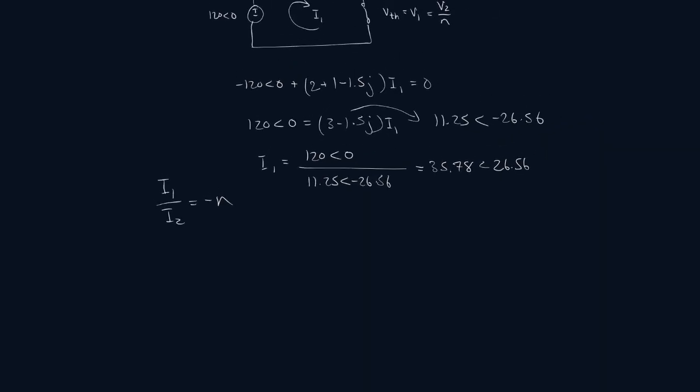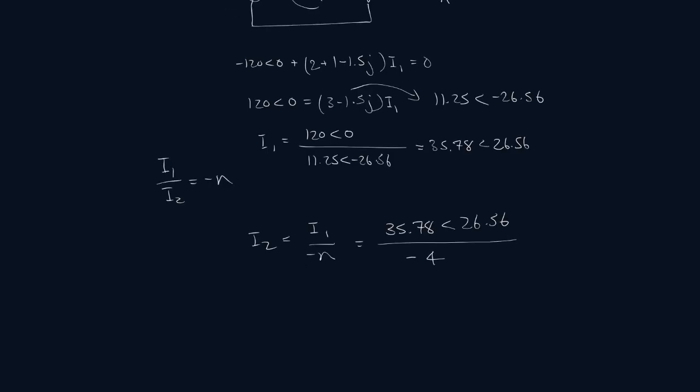So I2 is equal to I1 all over minus N. So minus 4.